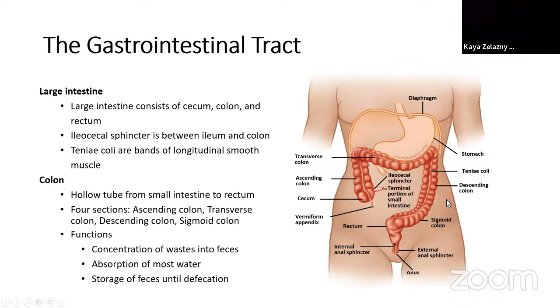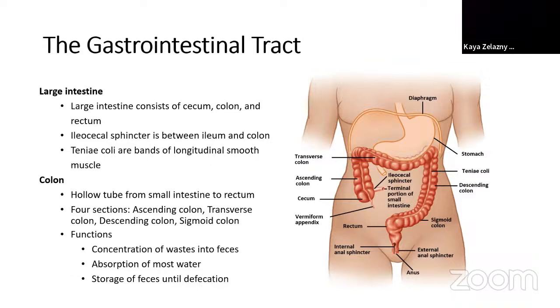Now, the purpose of the colon, at this point we've really absorbed our nutrients, right? So most of that was happening in the first 20% of the small intestine. But we've still got a long way to go before waste is excreted as feces. One of the things that's going to be happening here is really concentration of that mass. So concentration of feces into something that's relatively solid, preferably, right?